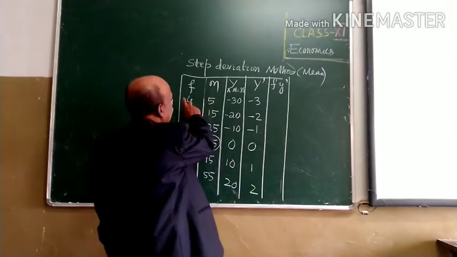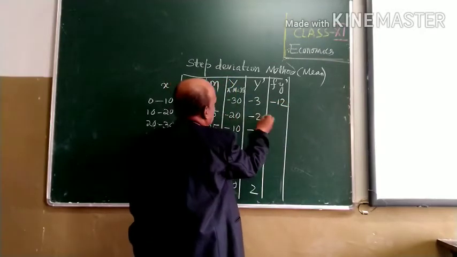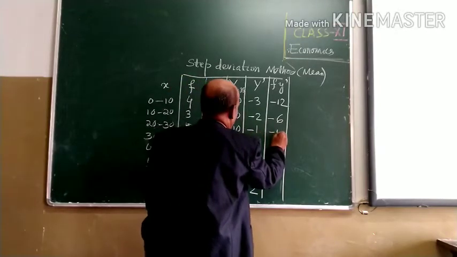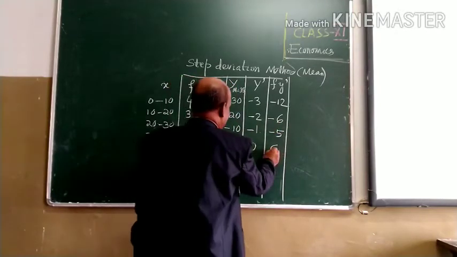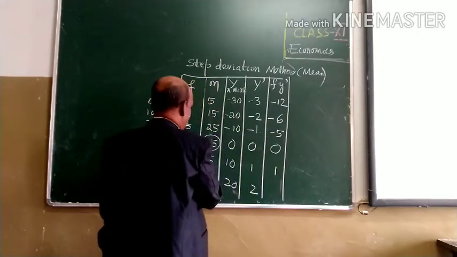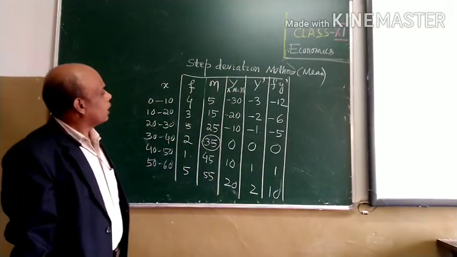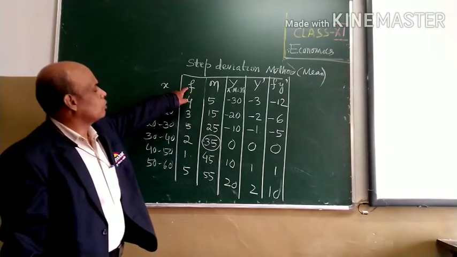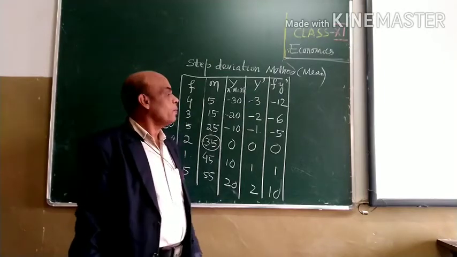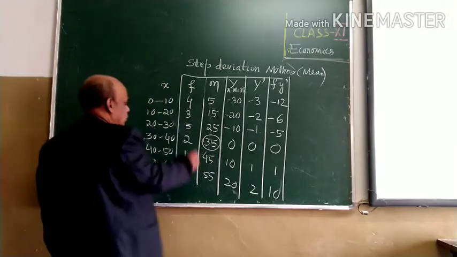See here, 4 into minus 3 is minus 12, 3 into minus 2 is minus 6, 5 into minus 1 is minus 5, 0 multiplied is 0, 1 into 1 is 1, 5 into 2 is 10. So what we have done is frequency multiplied with y dash. Understood?